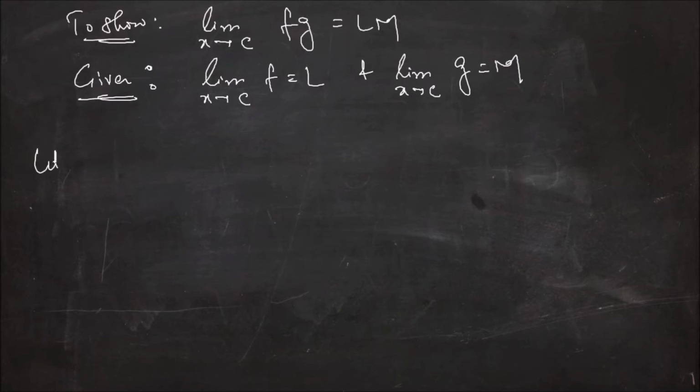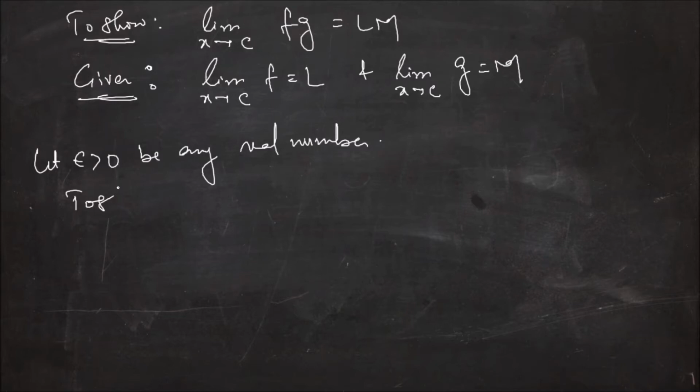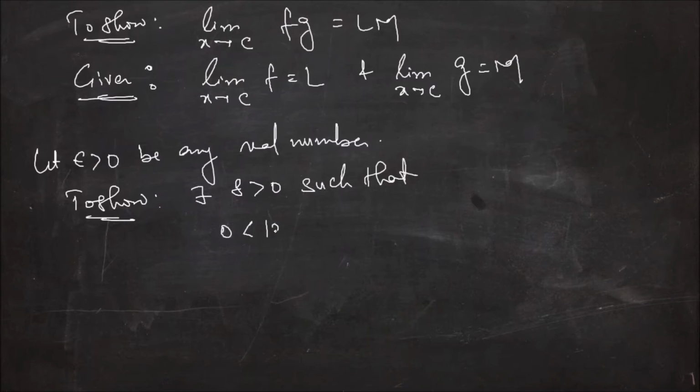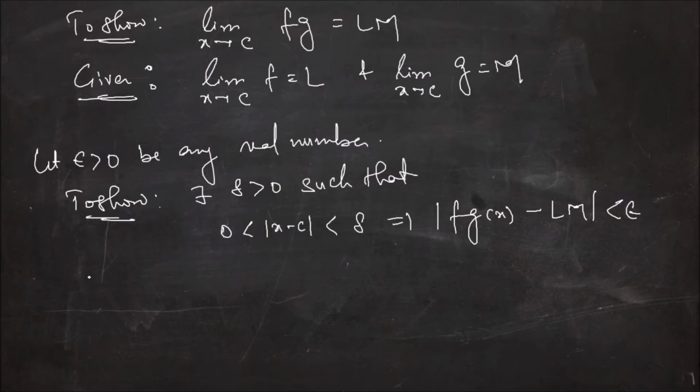Let epsilon greater than 0 be any real number. So we have to show there exists some delta greater than 0 such that 0 less than |x minus c| less than delta should imply |fg(x) minus Lm| less than epsilon. So this is what we have to show.